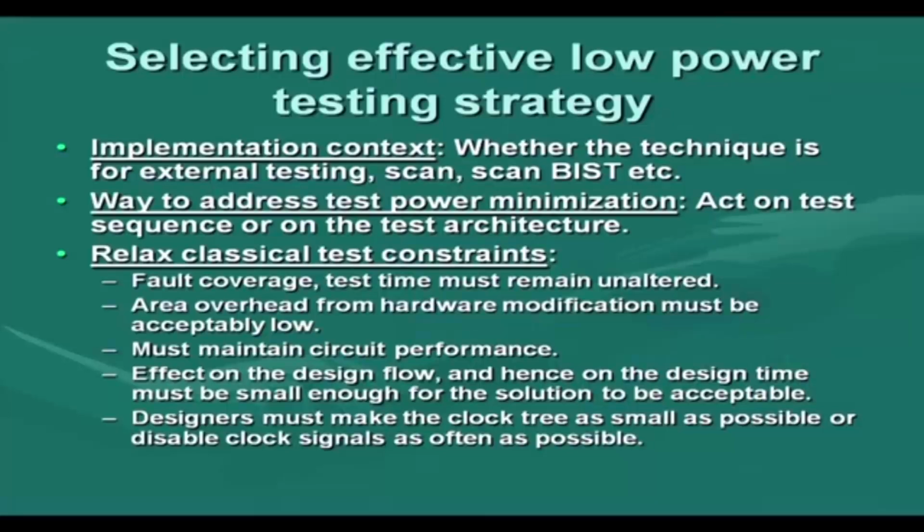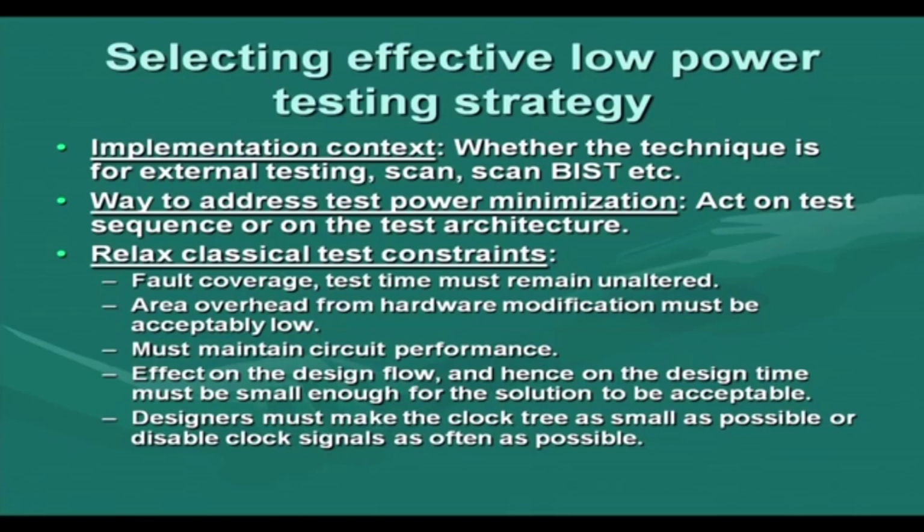So, this way you see that there are a number of ways by which the test environment creates problems. Second thing is how do we address test power minimization, whether we act on the test sequence or on the test architecture.